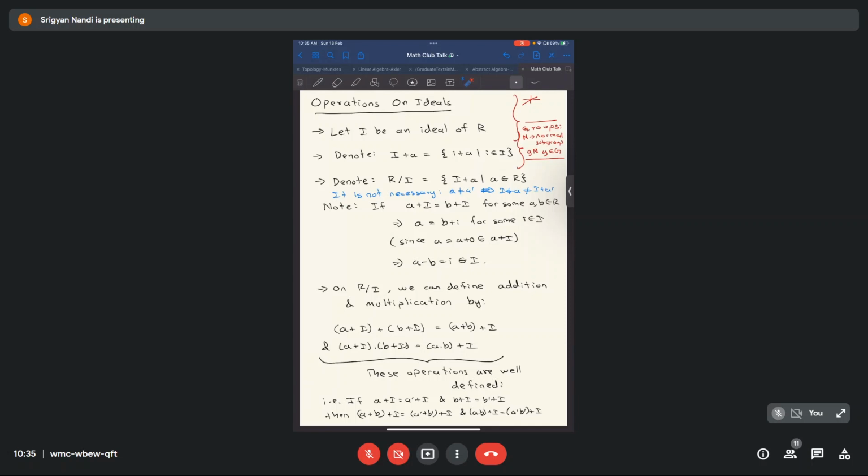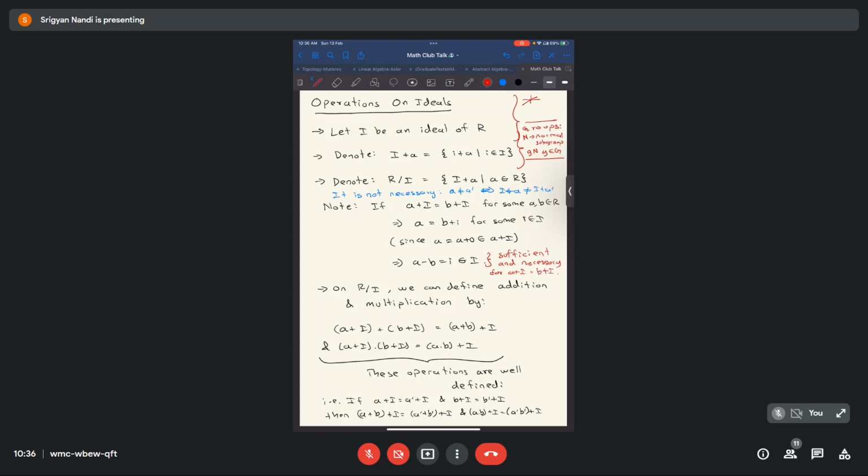So if a plus I equals b plus I, where I is the capital I, that means a belongs to a plus I, since a is equal to a plus 0 and 0 belongs to I. So since a belongs to b plus I, a can be expressed in the form b plus i, where i is some element in capital I, and that will mean a minus b is equal to i, which basically means a minus b lies in capital I. In fact, this is both a sufficient and necessary condition for a plus I being equal to b plus I.